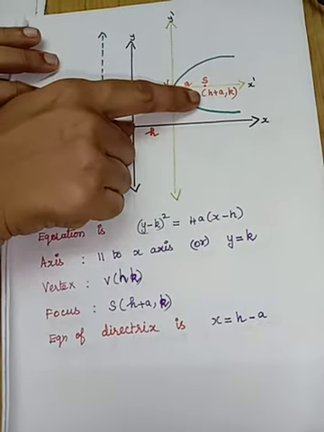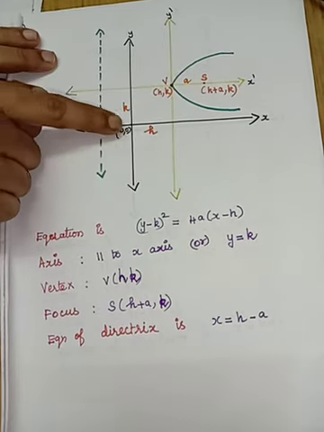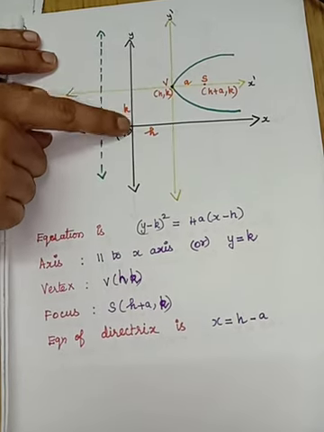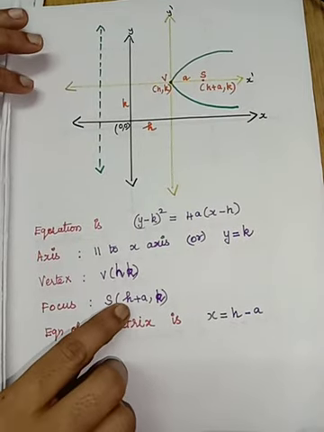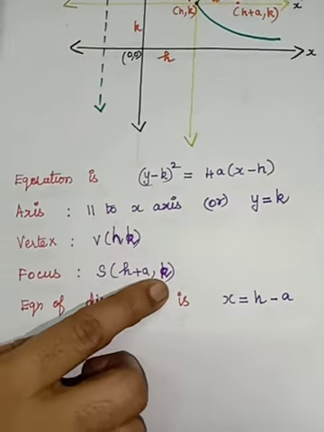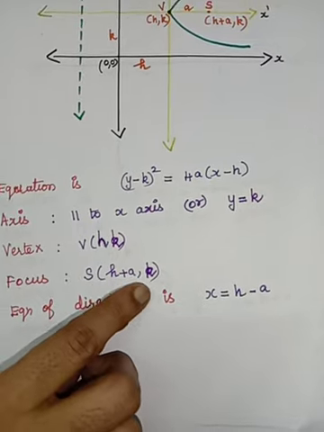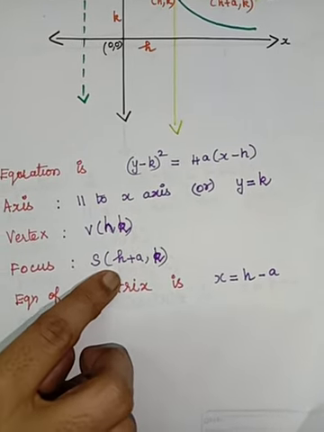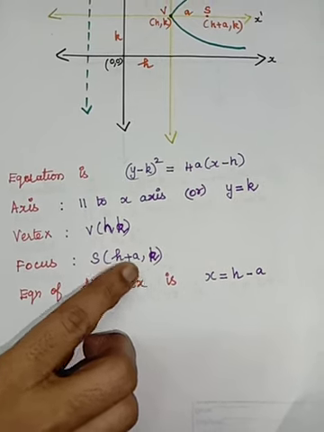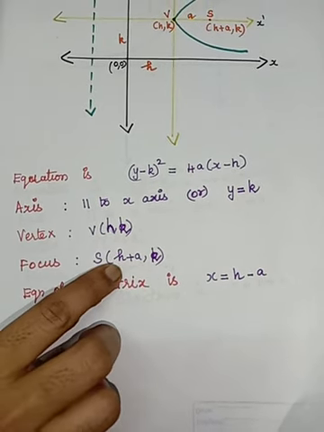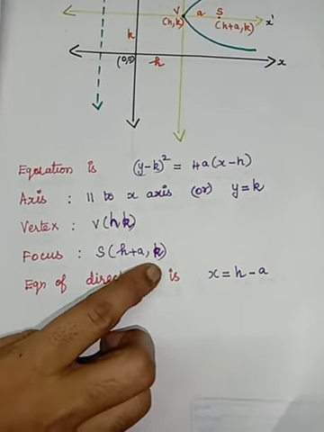There is no change in y; the y distance is k. So the focus will be h plus a comma k. Previously it was a comma 0, if the vertex was 0 comma 0. Now it becomes h plus a comma k.